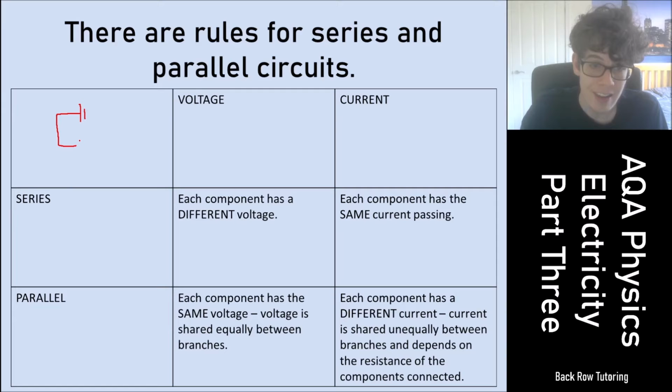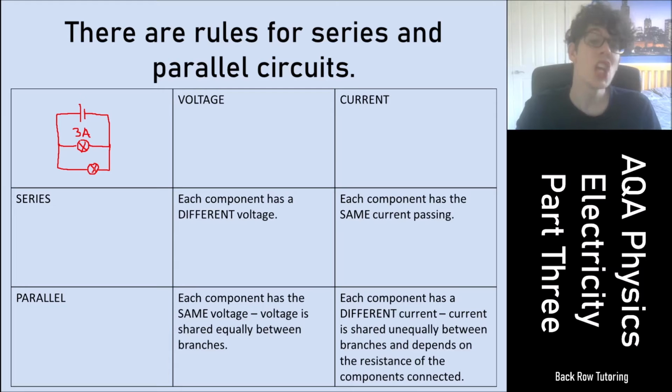So if you have the same circuit, and you're given that this bulb is 3 amps, this bulb here doesn't necessarily have to be 3 amps.